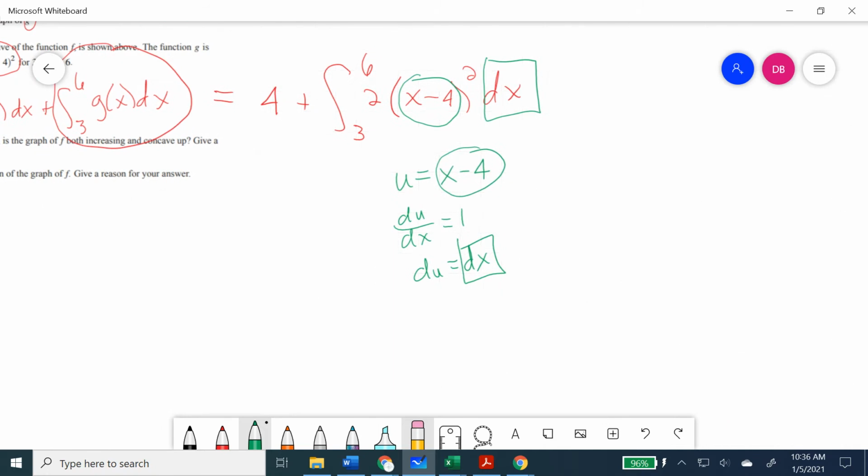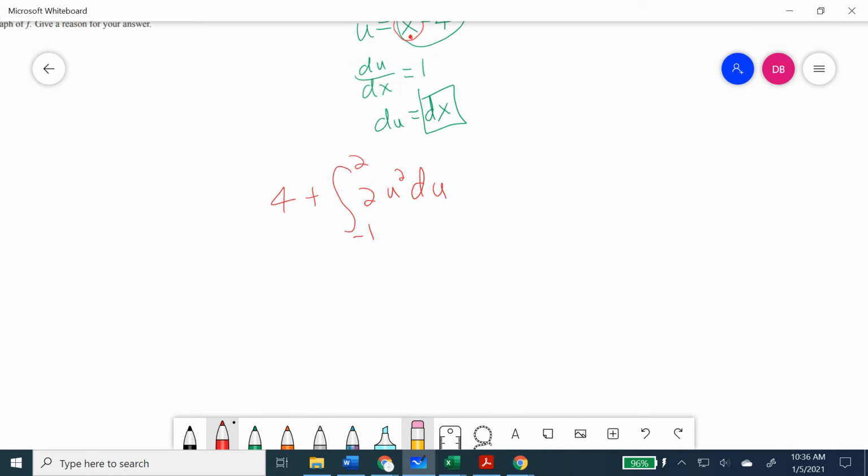Well, no, I won't quite be ready yet. I'm also going to change the 3 and the 6. When x is equal to 3, 3 minus 4 gives me negative 1. When x is equal to 6, 6 minus 4 is 2. Now I'm ready, and I can just solve this without looking back.